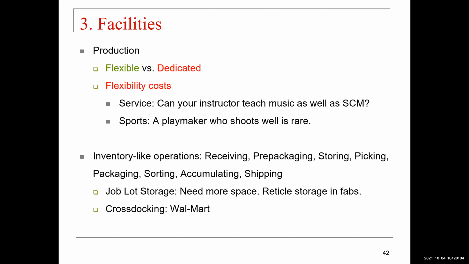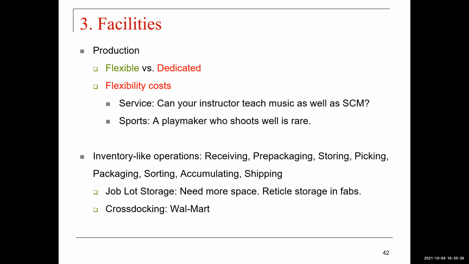Flexibility in terms of cost, service. Can your instructor teach music as well as supply chain management? Most likely that's no, so you don't have that flexibility. But if you can cross-train some of your instructors to help you teach courses in many departments, then that's something helpful for the facility, or in this case, the university.